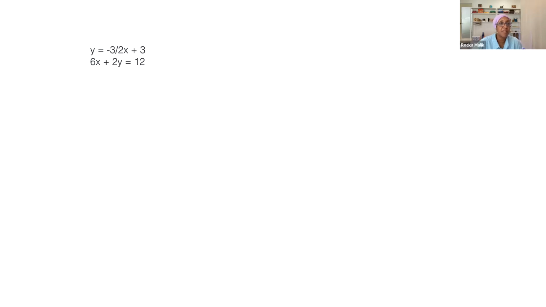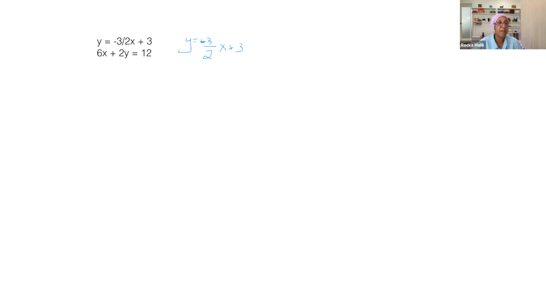So I'm going to rewrite this one and try to get rid of the fraction. So y equals minus 3 over 2 x plus 3.